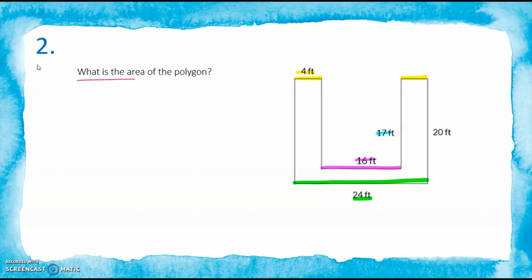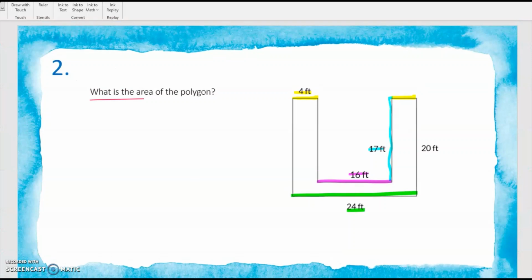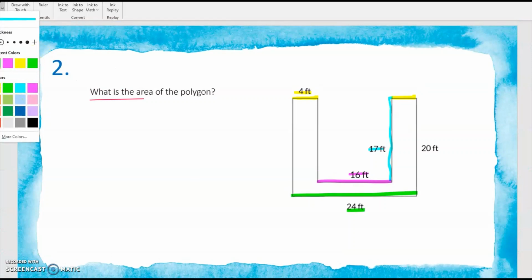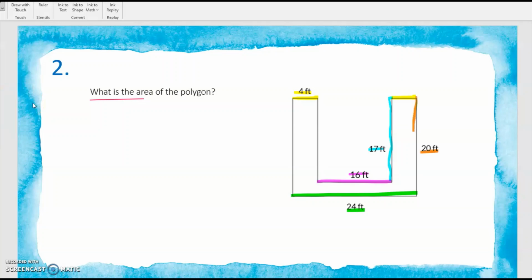So 17 is from here to here. Sorry, that's a little messy. And then the last is, I don't have another super bright color to use, so I'm going to use orange. I guess that is bright. This whole thing is 20. Ooh. So there's a couple ways you could do this.